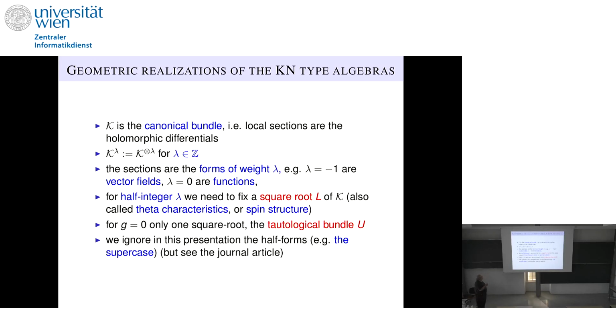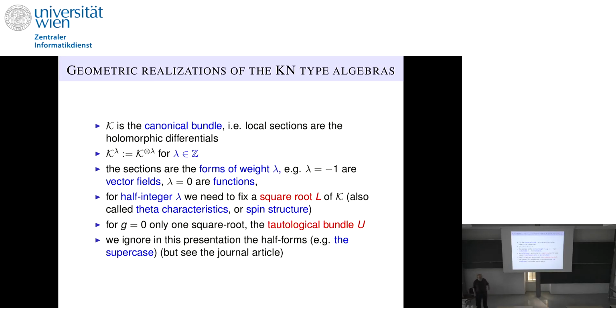And now, I also consider K to the power lambda, the tensor power of this canonical bundle. Here in this talk, I concentrate on lambda an integer. But lambda can also be a half integer. But then I have to choose a square root of the canonical bundle, which is a spin structure.